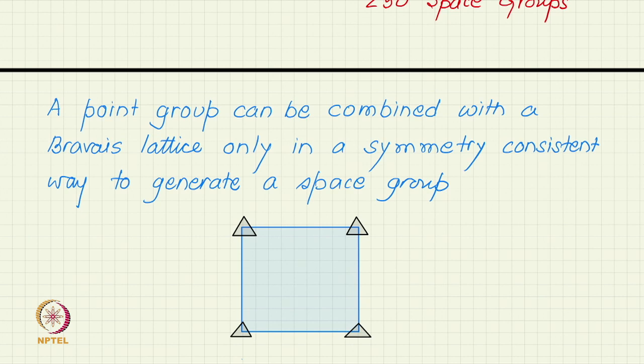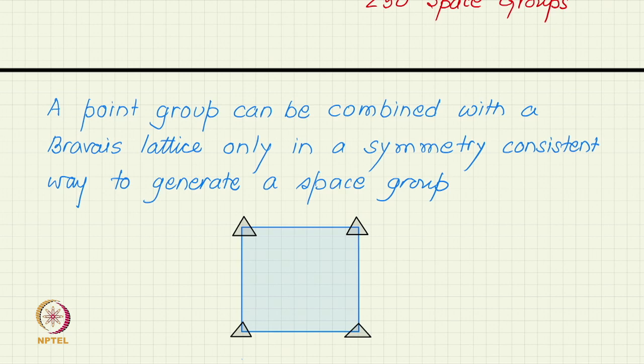Because of their presence, the fourfold symmetry of the entire pattern is disturbed and is gone. Although I repeat these triangles in a square lattice, I will not get a pattern with fourfold symmetry. So, I will not call that a plane group belonging to a square lattice. The squareness can be preserved only if we put objects which are consistent with the square symmetry.